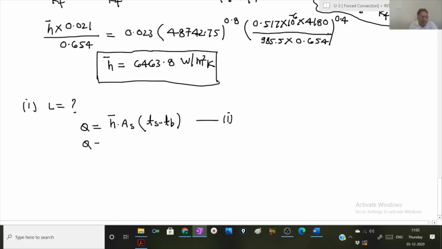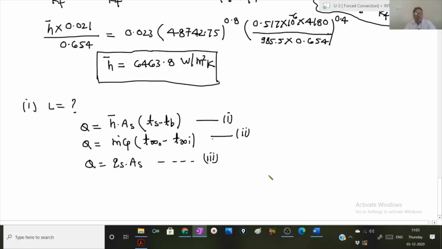Second equation can be increase in the sensible heat, m dot Cp into T infinity O minus T infinity I. Let us say this is equation number 2. Another equation is Qs into As. This is equation number 3. However, this equation number 3 is applicable for constant heat flux boundary condition.